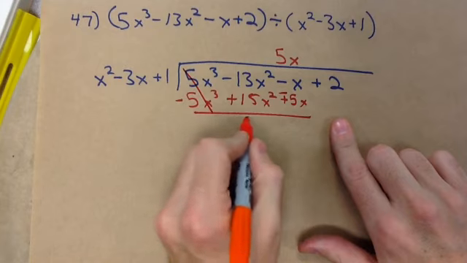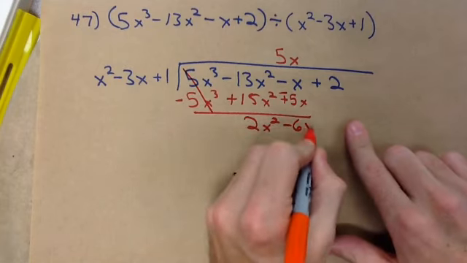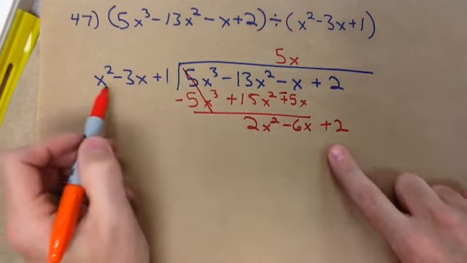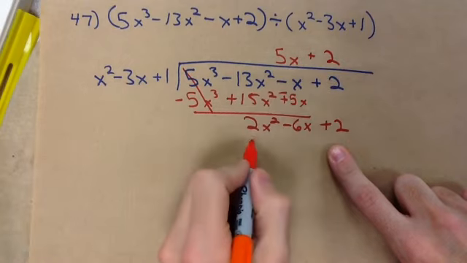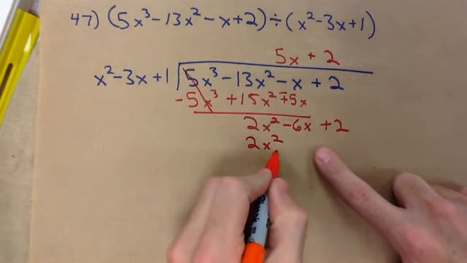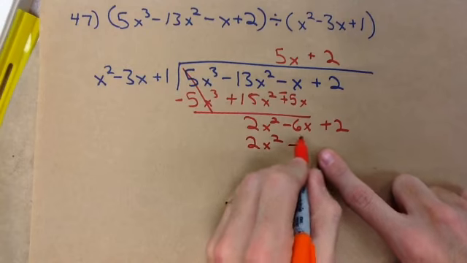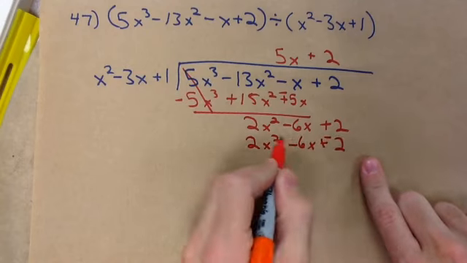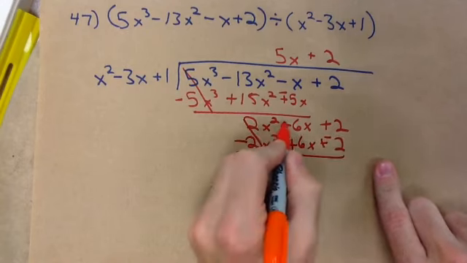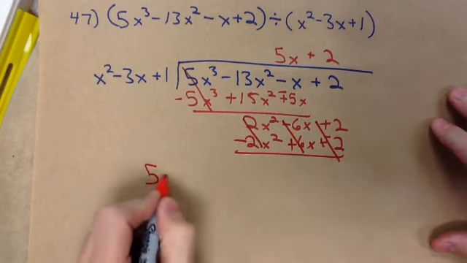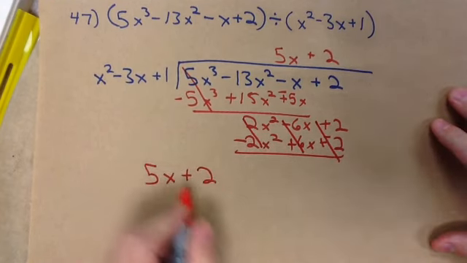So I'm left with here is a 2x squared minus 6x plus 2. I'm going to multiply that by 2. Get 2x squared minus 6x plus 2. And by changing the signs, I'm left with 0, so my solution is 5x plus 2.